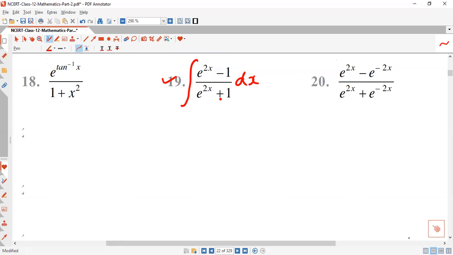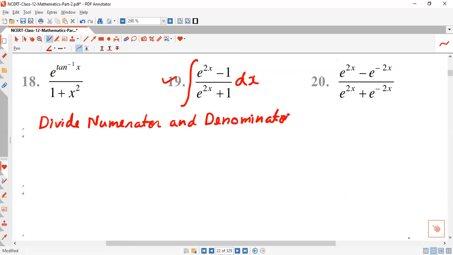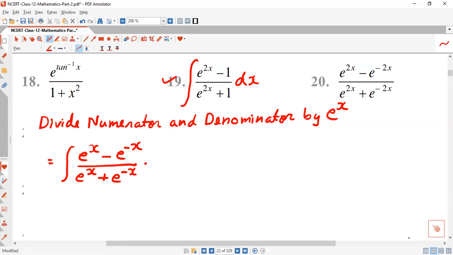Divide the numerator and denominator by e raised to x. So what we are getting? The integration becomes e raised to x minus e raised to minus x divided by e raised to x plus e raised to minus x dx.